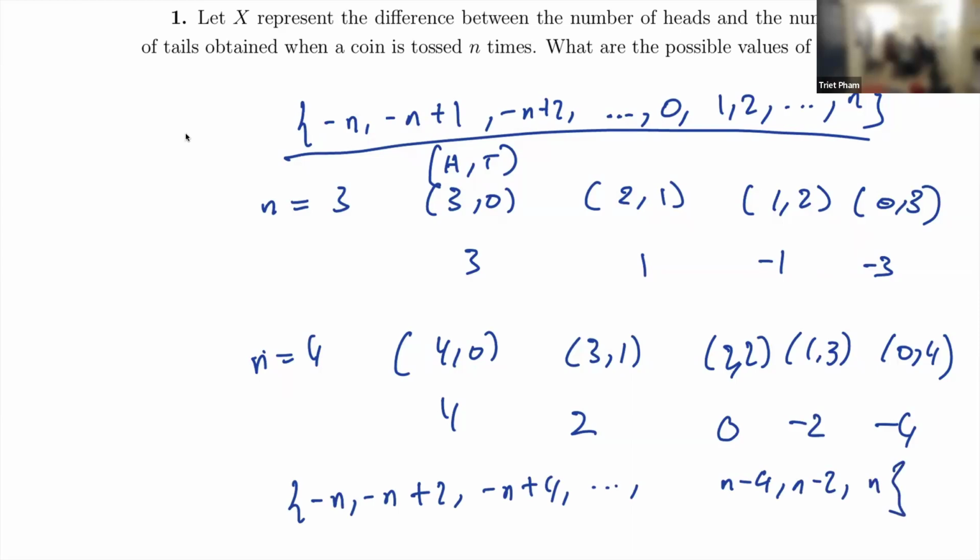In fact, must 0 be included in the support? Must this random variable always take value 0?